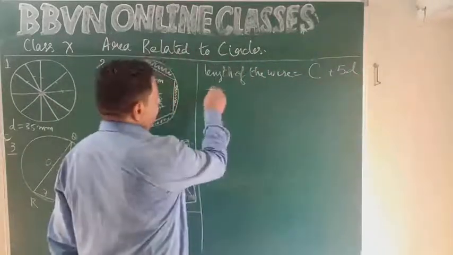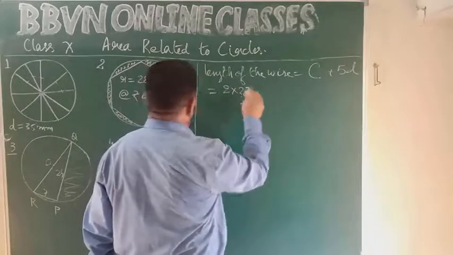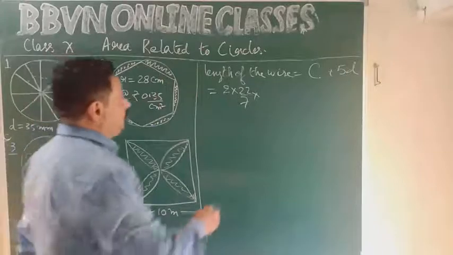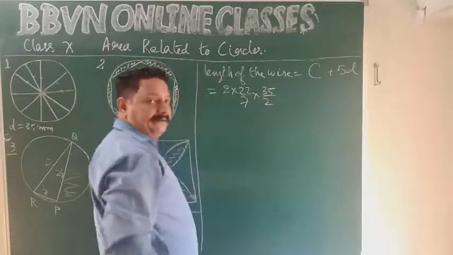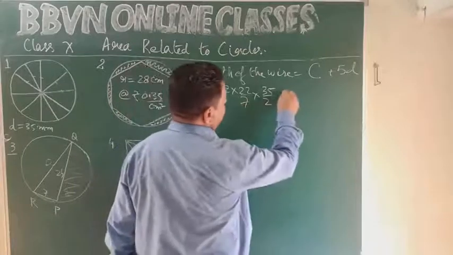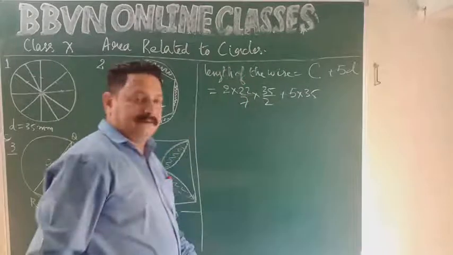So what is circumference? 2 pi r, 2 into 22 by 7 into r. Diameter is 35 millimeter, so r is 35 upon 2 millimeters. This is the circumference, plus 5 times the diameter, that is 35 millimeter.